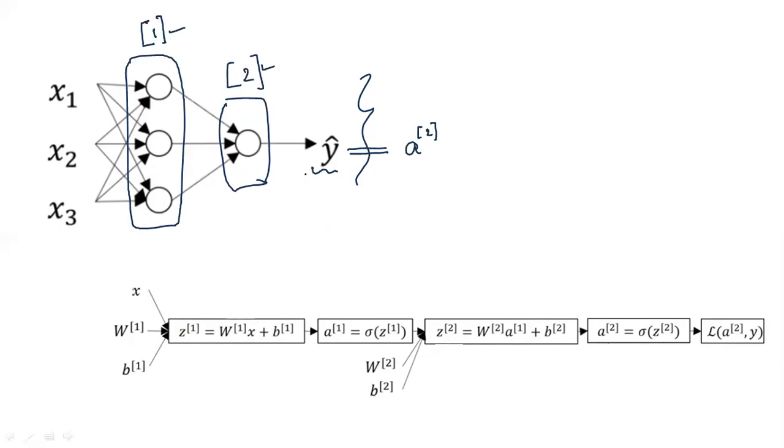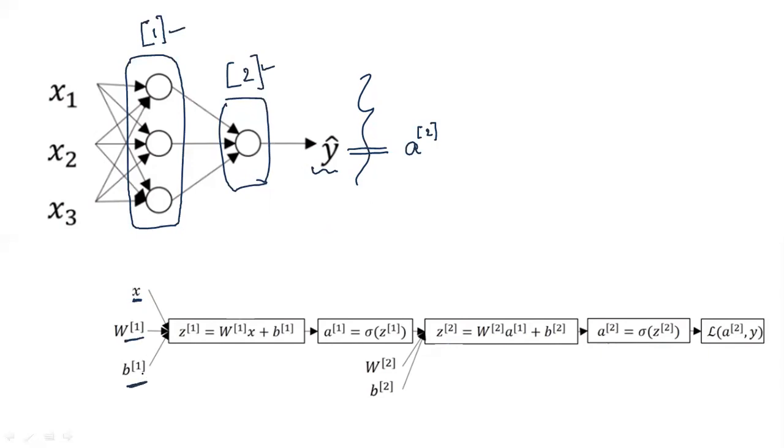Now suppose we want to write this neural network in the form of a computation graph, as we have seen in the previous slide. So how can we write this? Suppose that I have some variable x, and some input parameters w1 and b1.